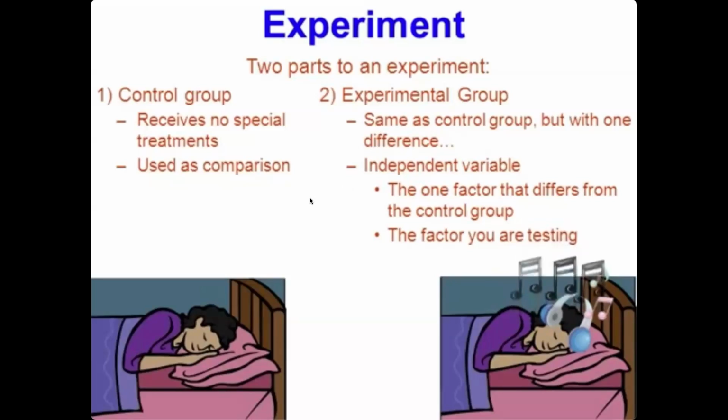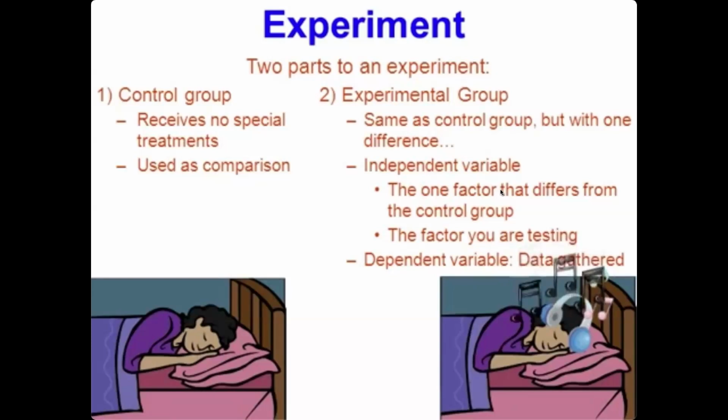During the course of this experiment, maybe she records the amount of sleep that she gets for a month with music and the amount of sleep she gets for a month without music. Well, that's going to generate data, and we call that data the dependent variable. I hope you see why it's called the dependent variable, because the amount of sleep she gets can be recorded, and the amount of sleep she gets depends on whether or not she listens to music.